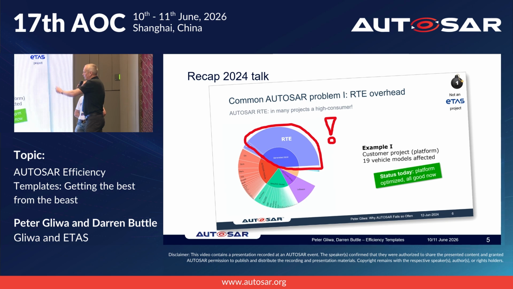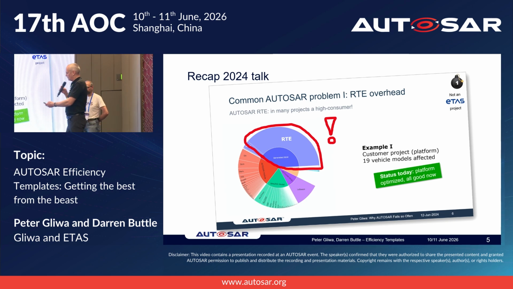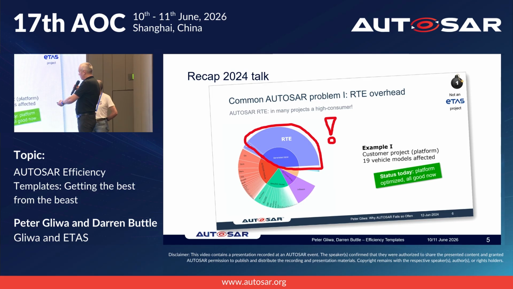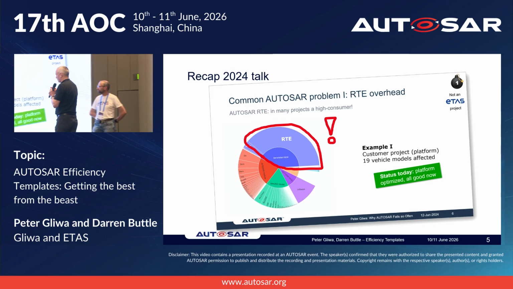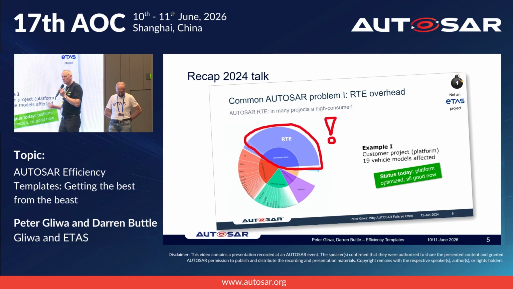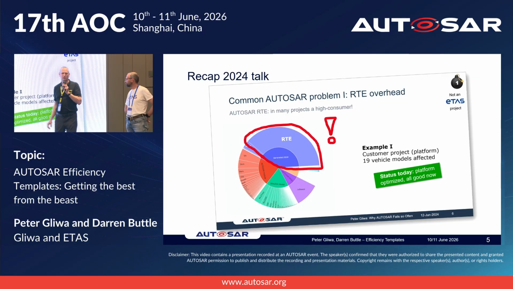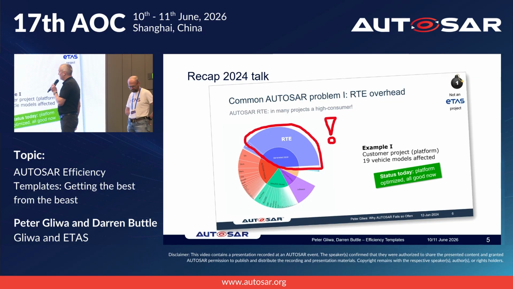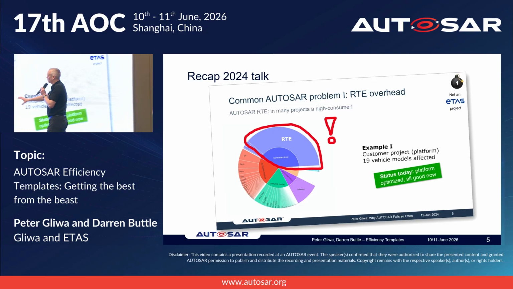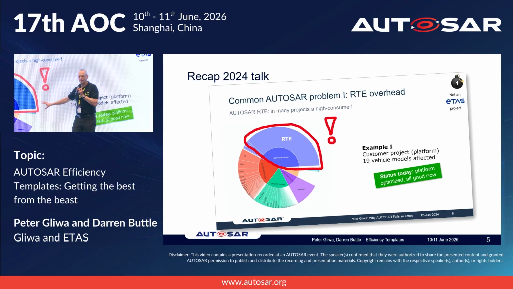You see, I'm picking out a few slides from 2 years ago now, and the first one here is from a platform. So it's a real customer project, not just a project, it was a platform. So there were actually 19 vehicle models affected. And this is a CPU load view now of their software.